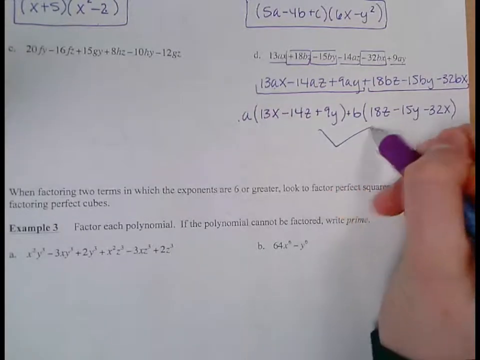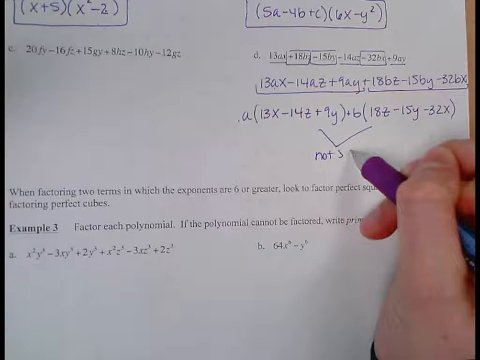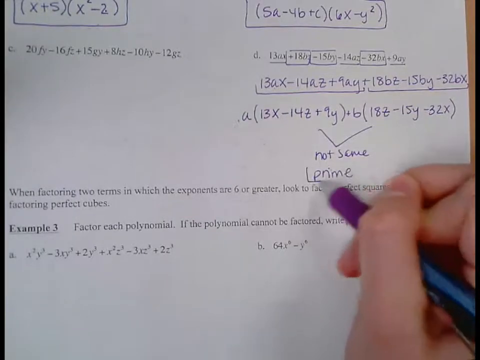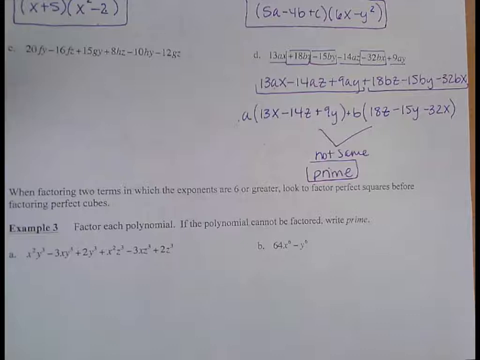So when your parentheses end up not being the same, that means the polynomial is prime. It cannot be factored. So I could rearrange it so I had 2 groups that had something in common, but overall, the grouping didn't actually work.